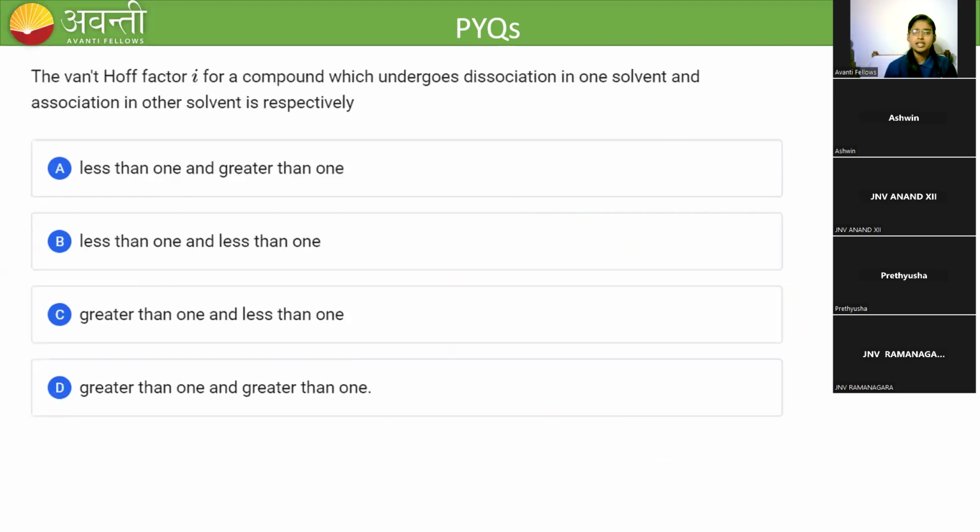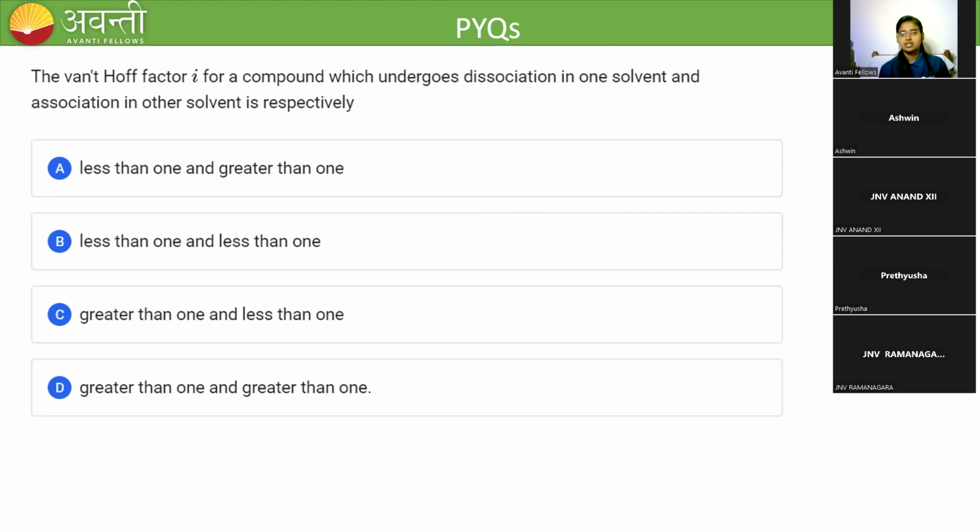The Van 't Hoff factor i for a compound which undergoes dissociation in one solvent and association in another solvent is, respectively, what? Yesterday I gave you the relation. Can anyone give me the correct answer for this question? Let me see who has all the things that I discussed yesterday. Do any of you remember? For dissociation, will the i value be greater than 1 or less than 1?